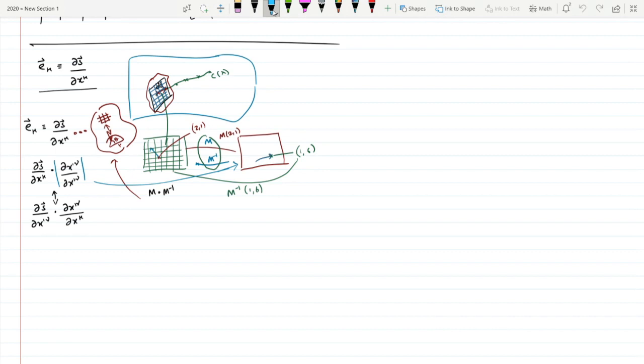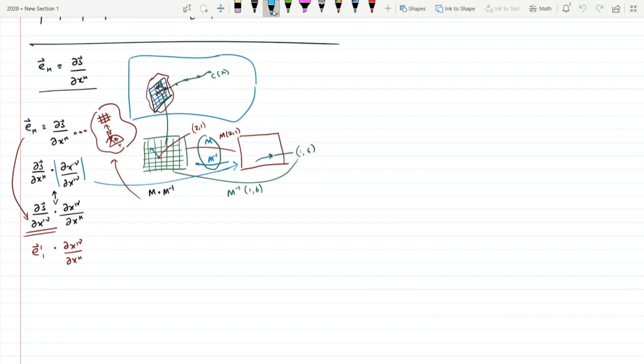Check this out. If I had my definition of what the basis vector was, can't I apply that here? Isn't this nothing other than my basis vector? But now I've taken it with respect to my new coordinate system, which means this thing is E prime times... should be down.